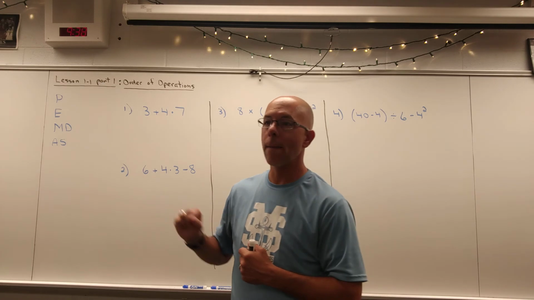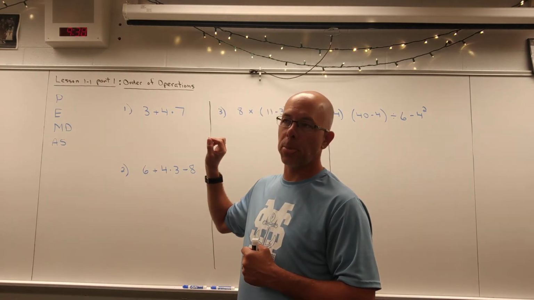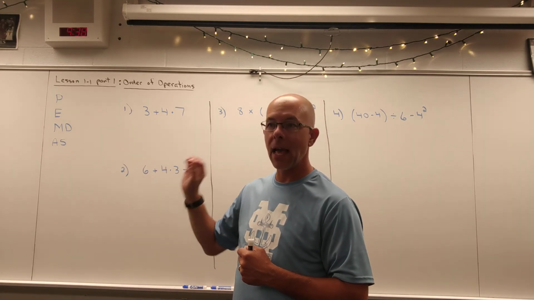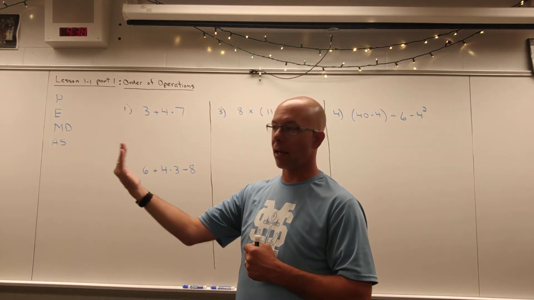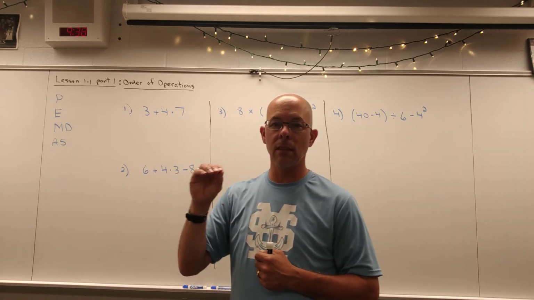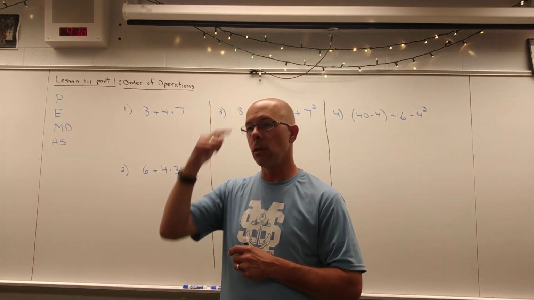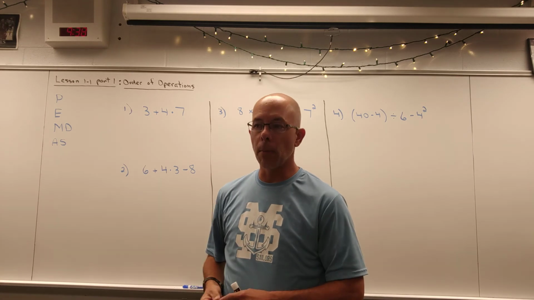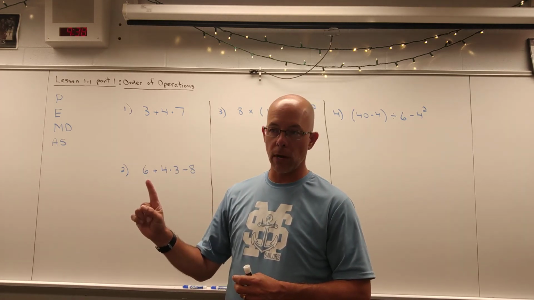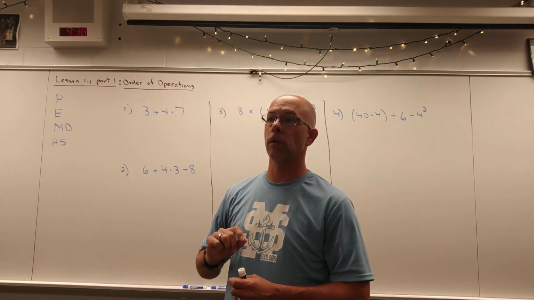Here's where it differs. Multiplication and division happen at the same time, left to right. So if there's multiplication and division in the same question, you don't automatically do multiplication first. You do whatever comes first, left to right, in that situation.